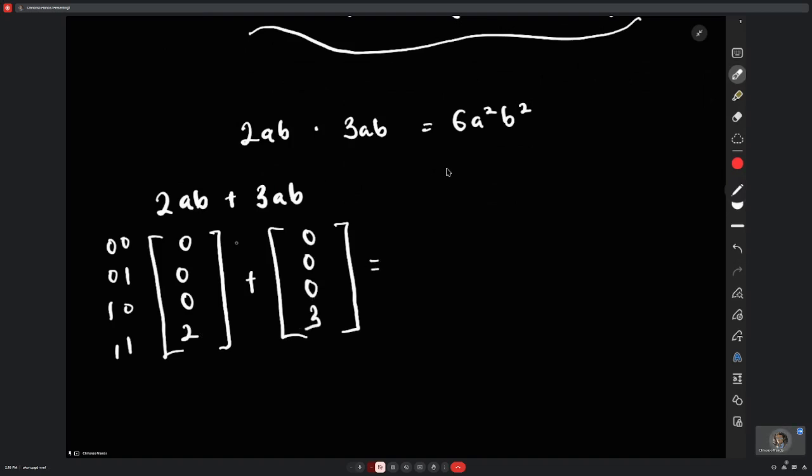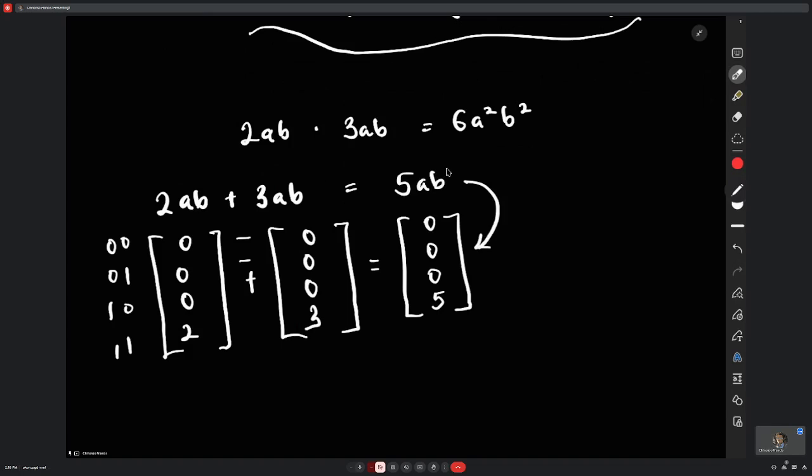If we add them element-wise, we are going to get 0, 0, 0, 5. Adding these two polynomials, in the coefficient form we get 5ab. Is this 5ab over the evaluation form? It is. Okay, good.